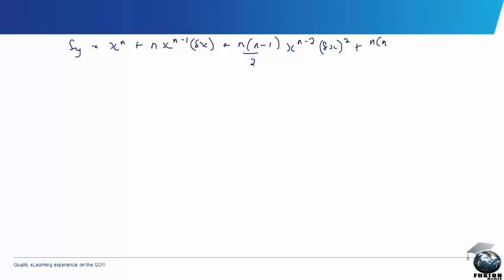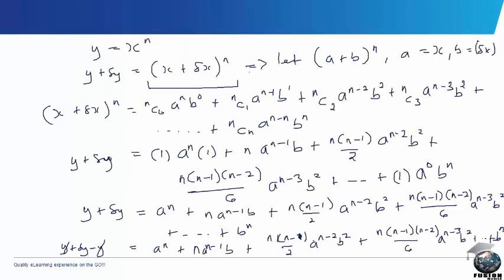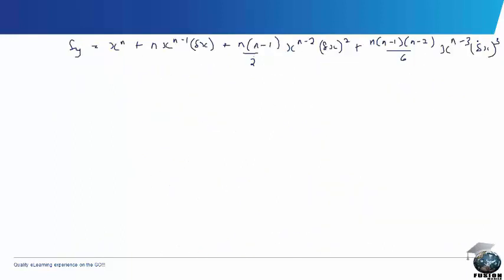Then we have n minus 1, n minus 2 over 6, and x raised to the power n minus 3 and dx raised to the power 3. Okay, I think that's the 4 we had. And so we said it continues until the x is raised to the power n. Fine. So this is our dy now.